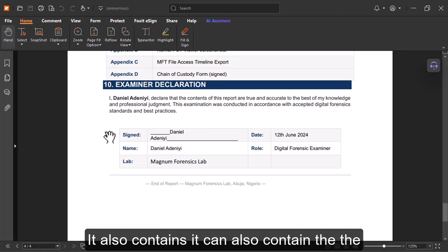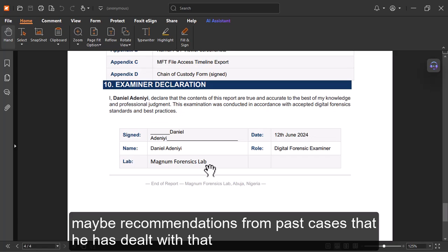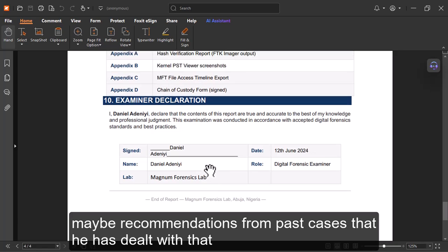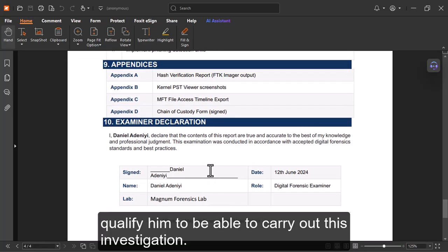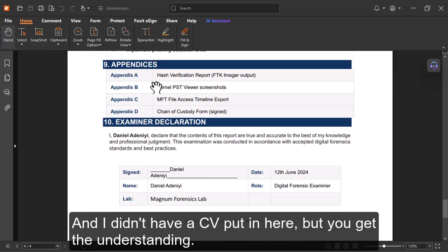It can also contain the examiner's CV, and maybe recommendations from cases that he has dealt with that qualify him to be able to carry out this investigation. I remember we called it bona fide. Those things are found in the appendix. And I didn't have a CV put in here, but you get the understanding.